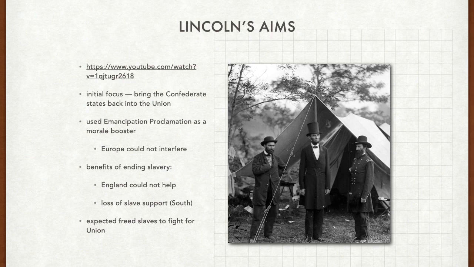So Lincoln actually didn't shift his beliefs so much. He just finally realized that both the aims of getting the Union back together and freeing the slaves complemented each other and led to his ultimate goal.